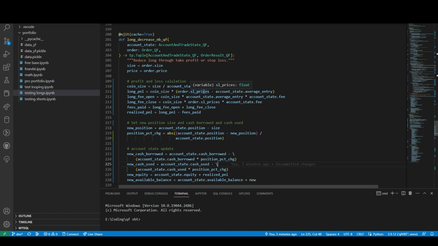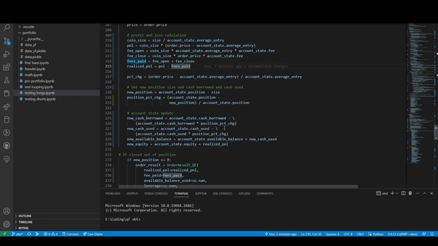It could be take profit price as well. Which one is it? I think I have to check.